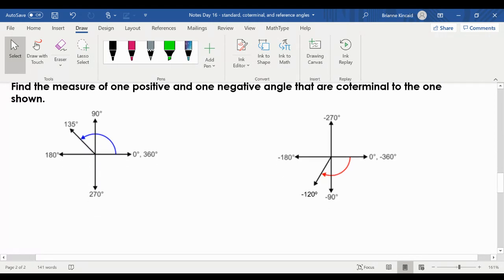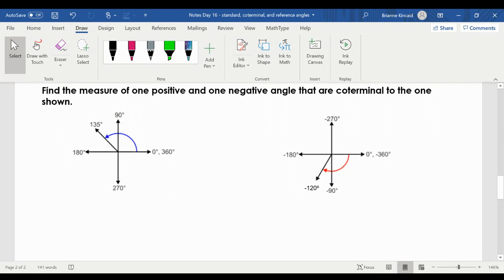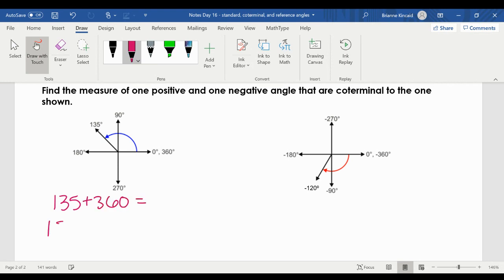So to find the measure of one positive and one negative angle that are coterminal to the one shown, I'm going to take 135 plus 360, and I'm going to take 135 minus 360.